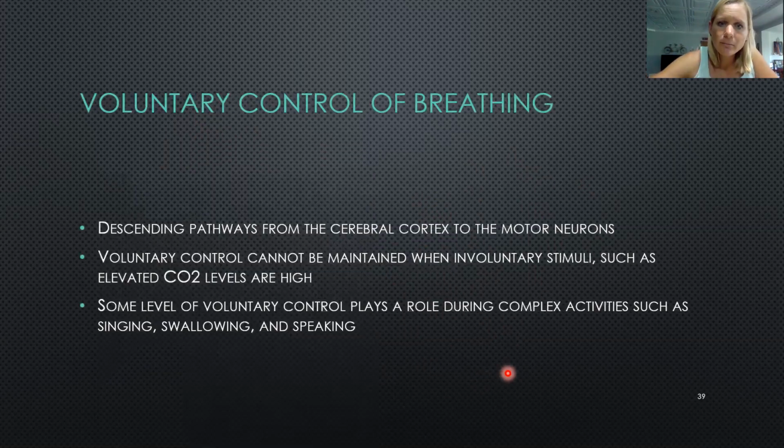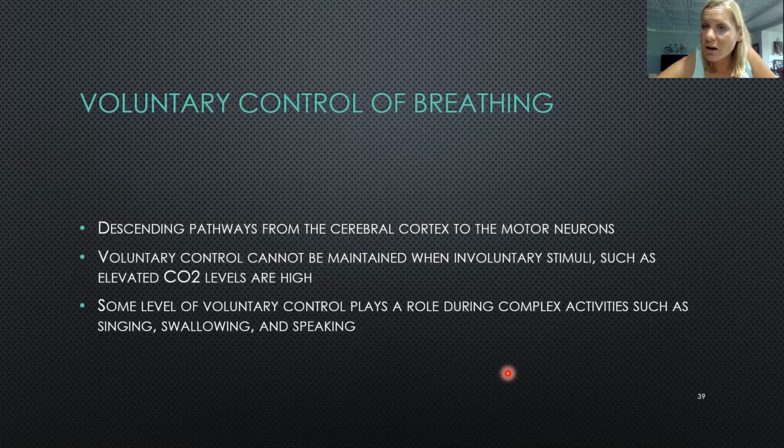We can also take over the medulla and have some kind of voluntary control over breathing. Can you think of some examples of when it's important to voluntarily control your breath, whether that's an activity or otherwise? Give you a hot second to think about it.